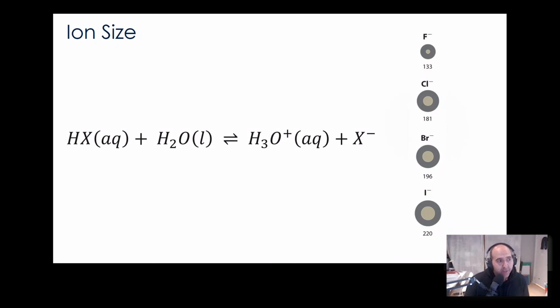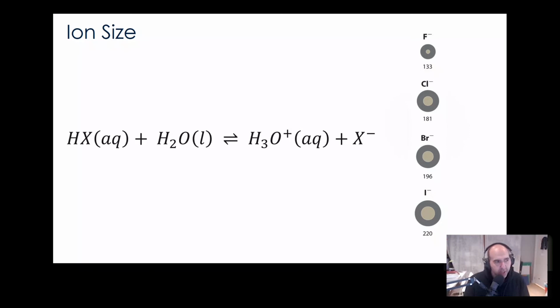And if you think about the differences in the halogen ions, right? So from F minus down to I minus, they all have a charge of -1, but there's a significant difference in their sizes. So that means the charge density is going to be different, right?